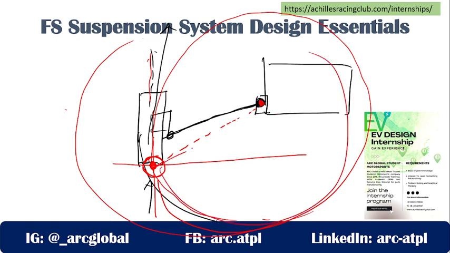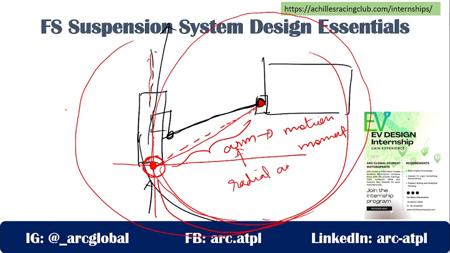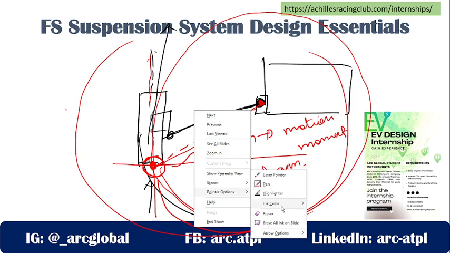So this particular thing you are looking at is the arm that is causing the motion, or you can say this is the radial arm. So what we find out from that when the tire is moving up, say for example, let me just do it again.